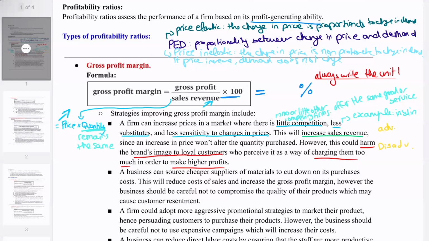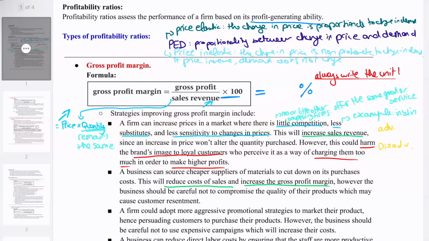A business can source cheaper suppliers to cut down on its purchase cost, meaning their variable cost or cost of goods sold. This will reduce cost of sales and increase the gross profit margin. Okay, why? Because they're going to be making higher gross profit.